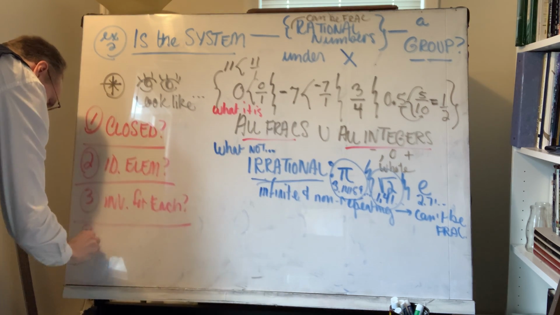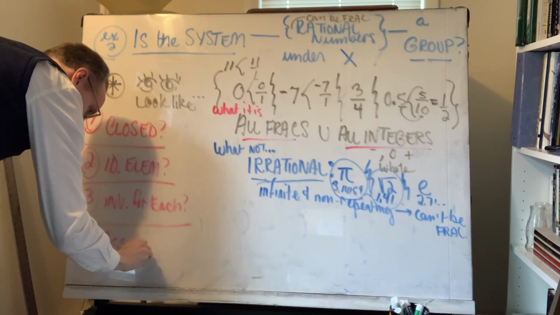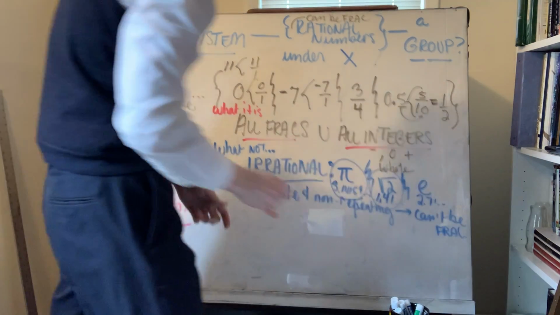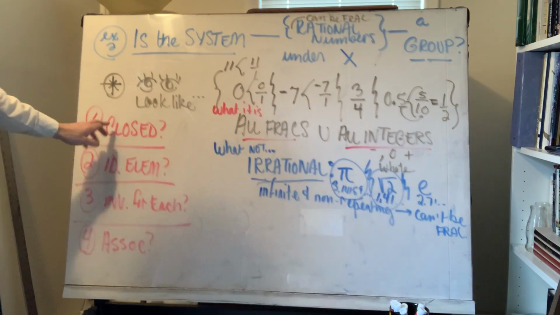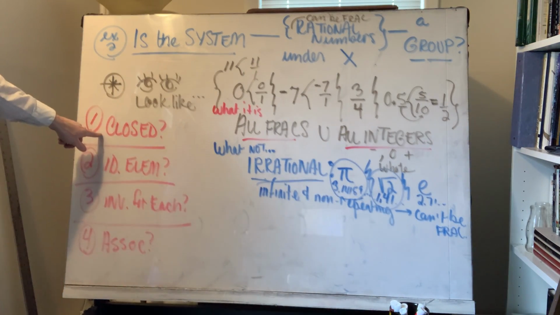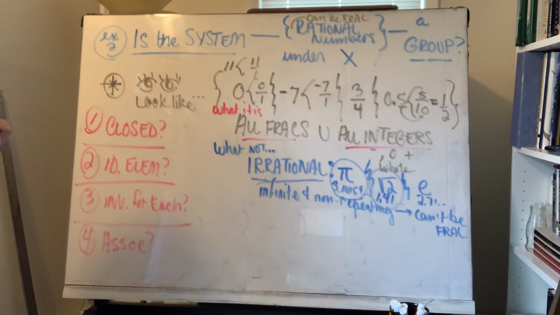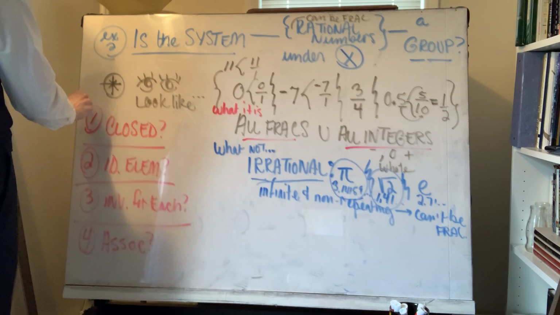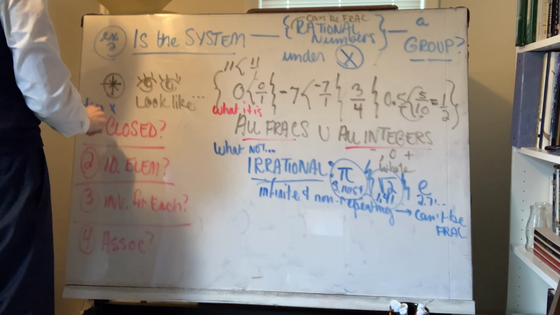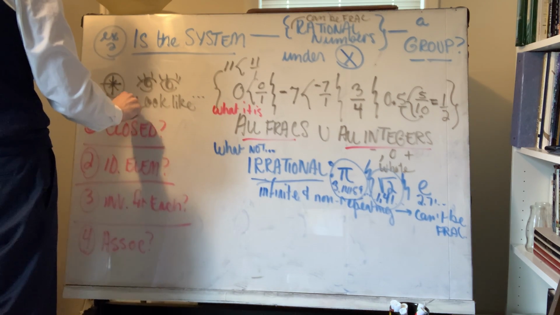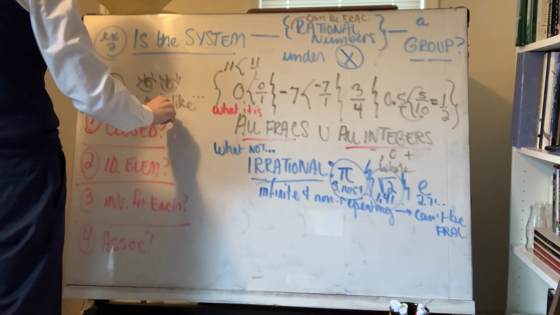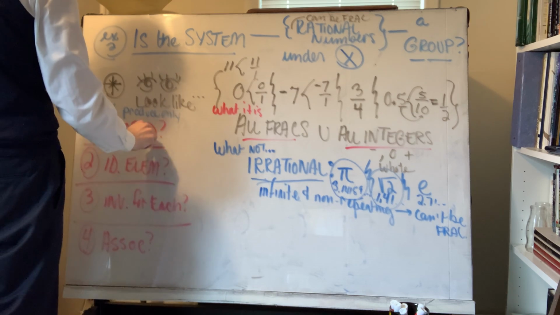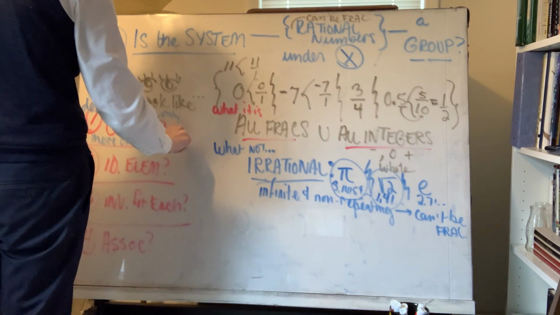And that this is associative, if in fact we get down that far. Okay, so, all right, is the system closed? What we would have to say to ourselves is, the operation being multiplication, does multiplying produce only more of the same type?